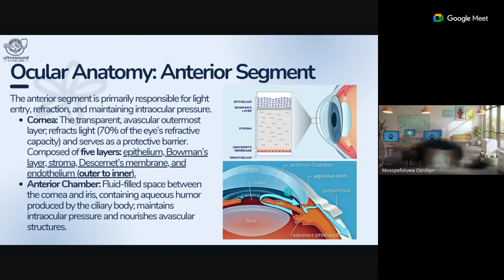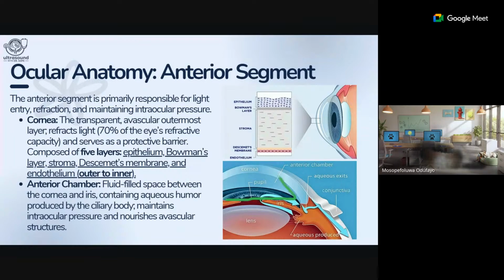The next thing we are seeing is a very nice dome-shaped space called the anterior chamber. And it is a fluid-filled space in between the cornea, as you can see here, the cornea here, and the nice iris, which is this donut-shaped individual here.